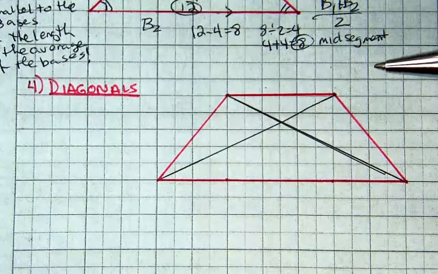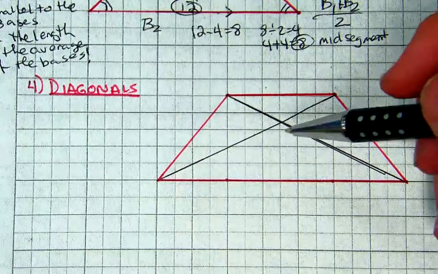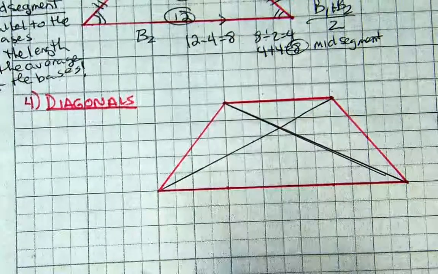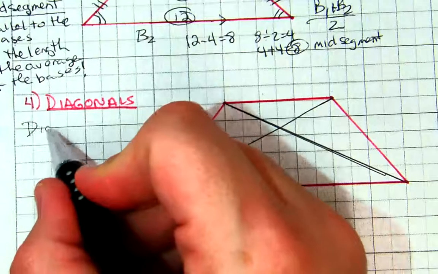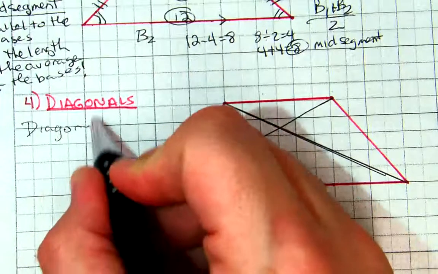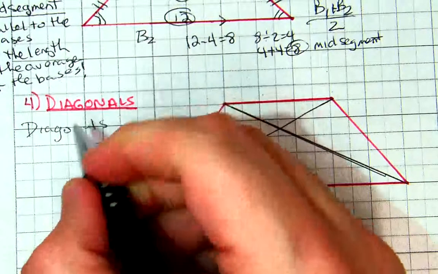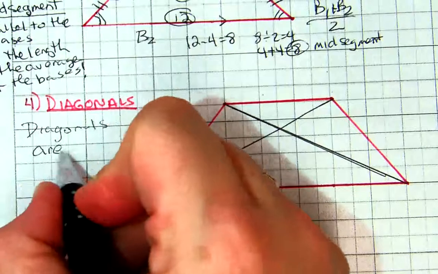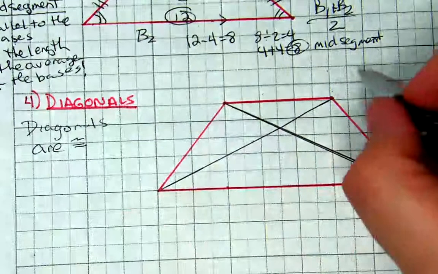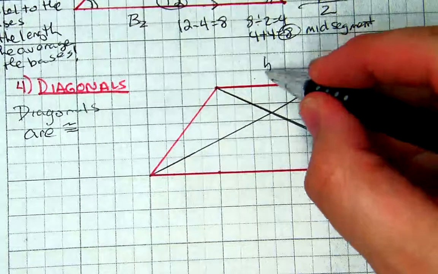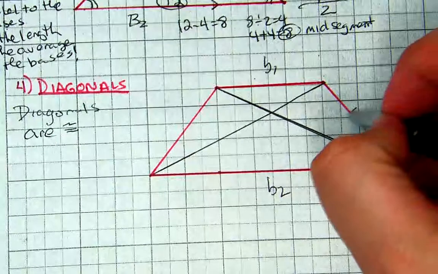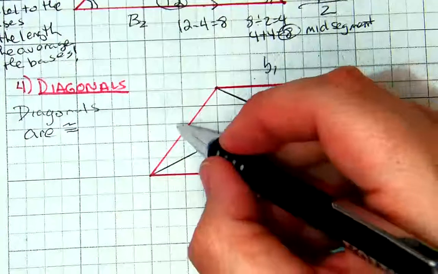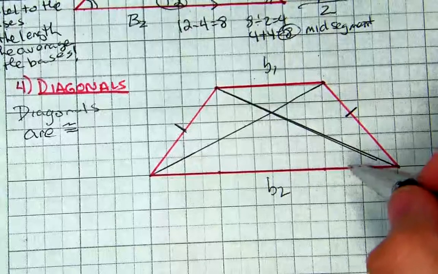Now, the only thing that really happens that's worthwhile is that the diagonals are congruent. That's base 1. That's base 2. That side's parallel, or congruent to that side.